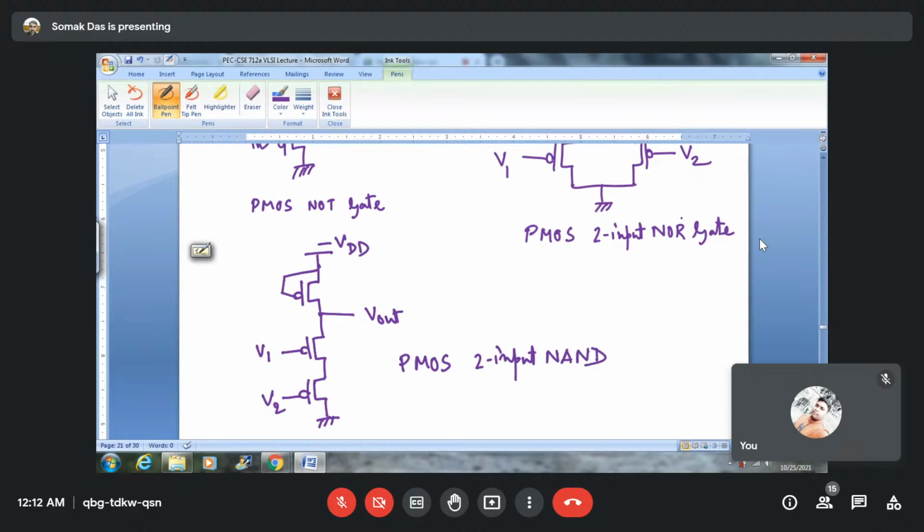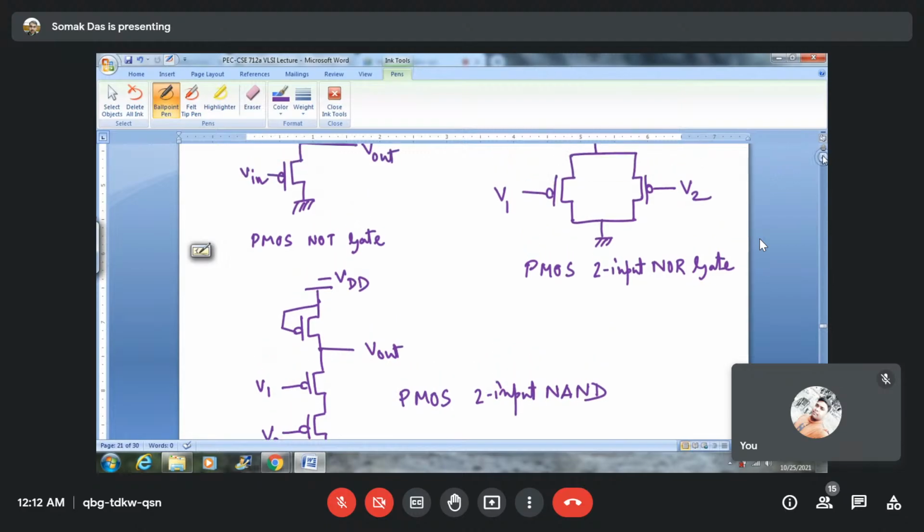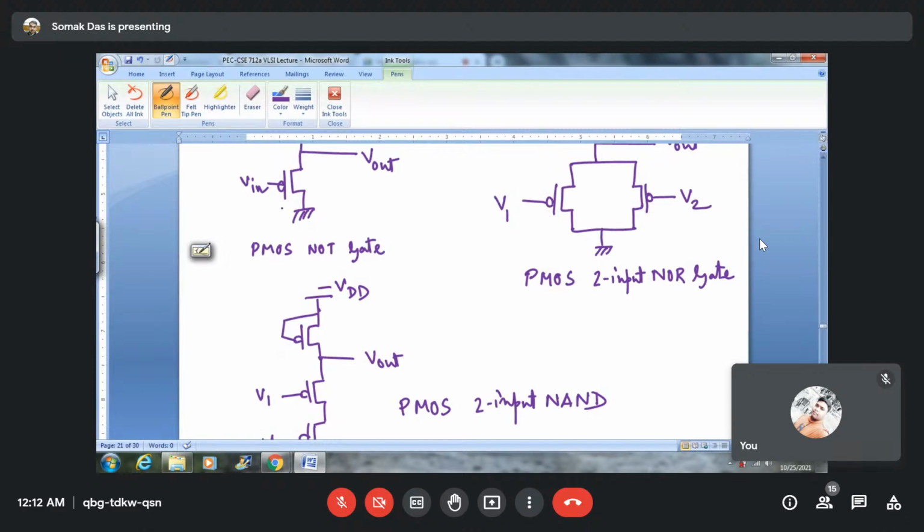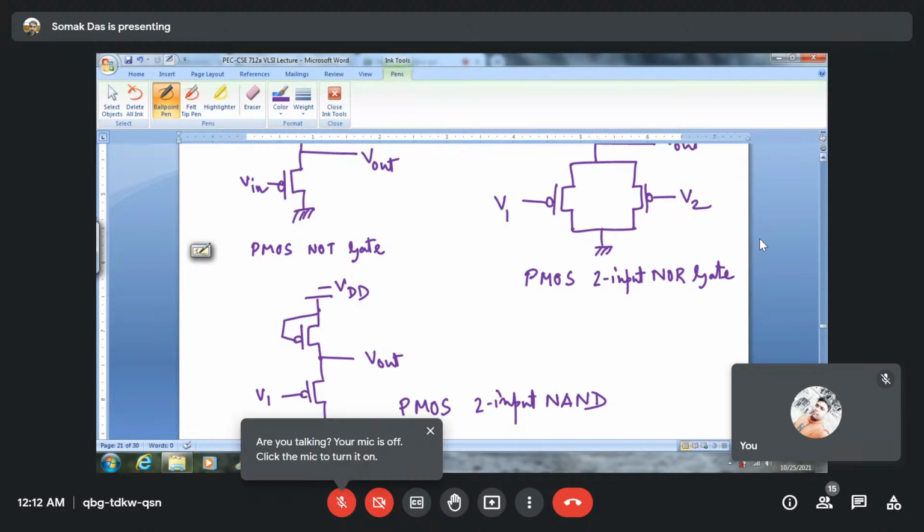So one thing we can see is that whatever logic you design in the driver network, the output is just the reverse. For a 2 input NOR gate, you OR 2 PMOS transistors at the driver network, and you receive the inverse of that OR logic, that is NOR.